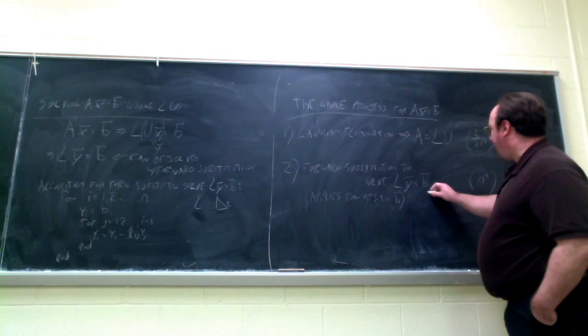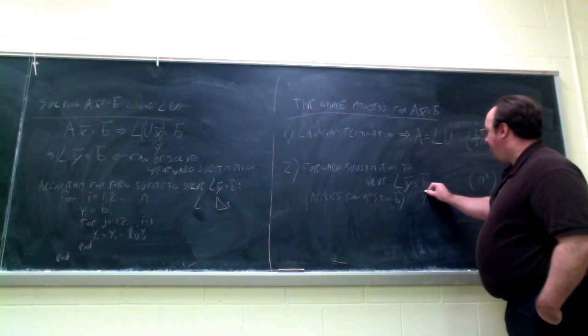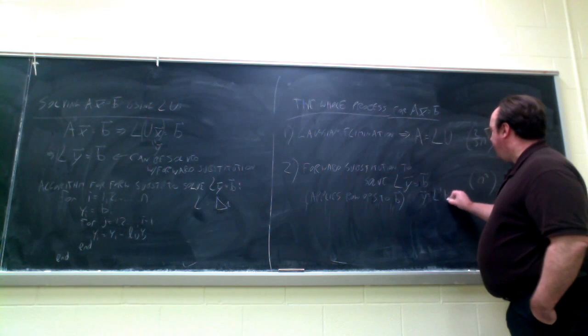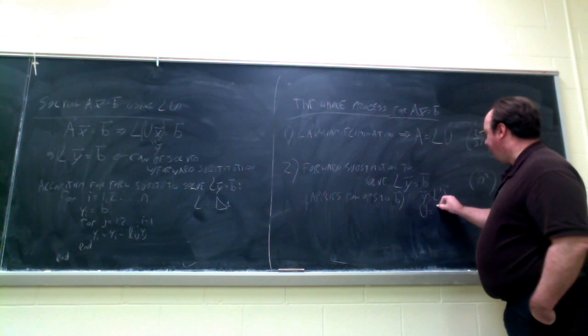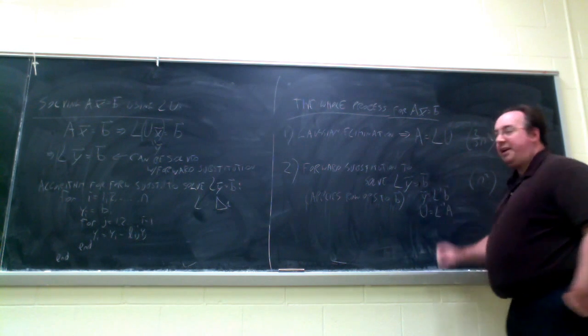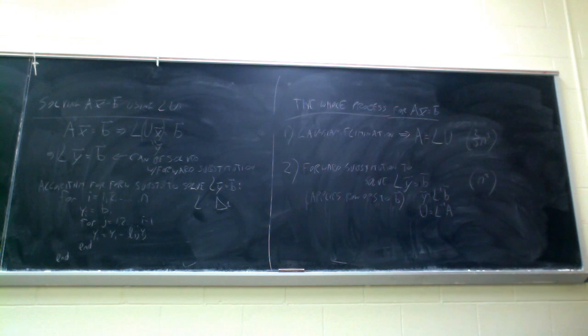And you can see why, because y is equal to L inverse b. Well, your U, the result of Gaussian elimination, is equal to L inverse A. So applying the row operations means multiplying by L inverse, but you would never construct L inverse, you would just perform the row operations.